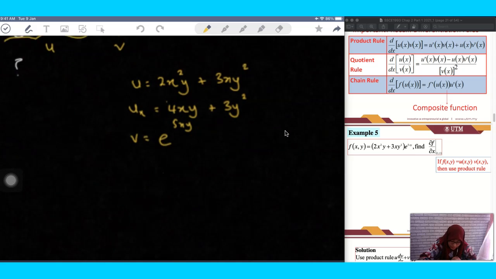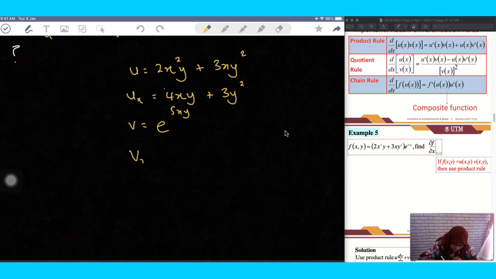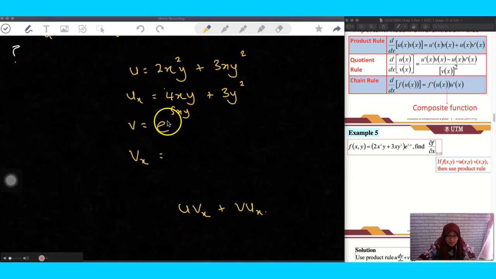Then here you need to provide the vx because you want to differentiate. The formula is u vx plus v ux, where the prime is replaced by x because we only want to differentiate with respect to x. In this case, there is a function in a function. The outer function is the exponential function and the inner function is 5xy.